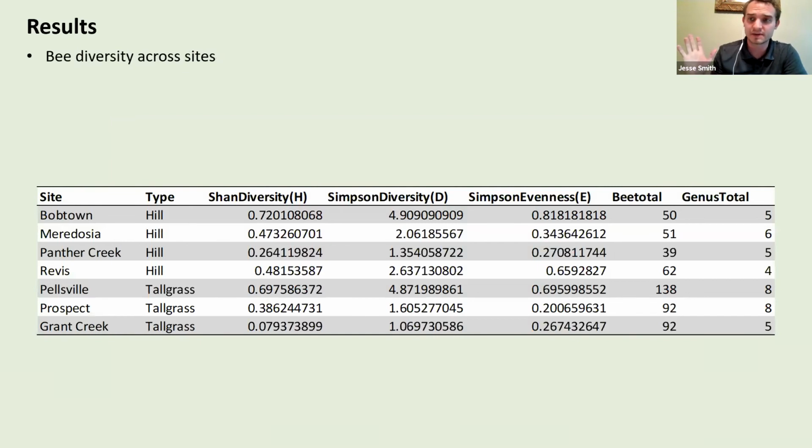Looking across my sites, here's a breakdown from my 7 sites on diversity and evenness, but also on the total number of bees that I saw, and lastly, the total number of genera at each of the sites.